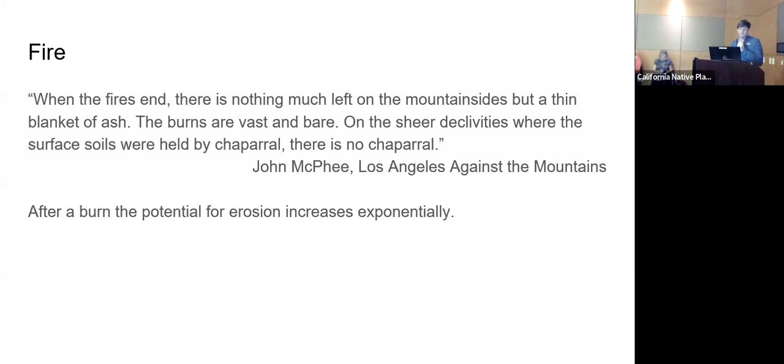And he goes on to basically say that the mountains are already eroding very rapidly because they're very steep and very crumbly and there's a lot of stuff coming out of them. And then after a burn, when the vegetation that was the only thing holding that material in place is gone, the potential for erosion increases exponentially.